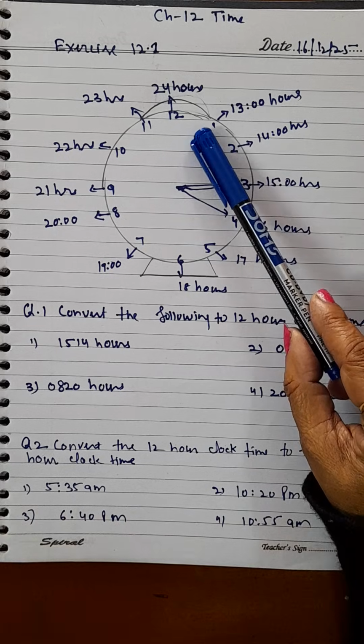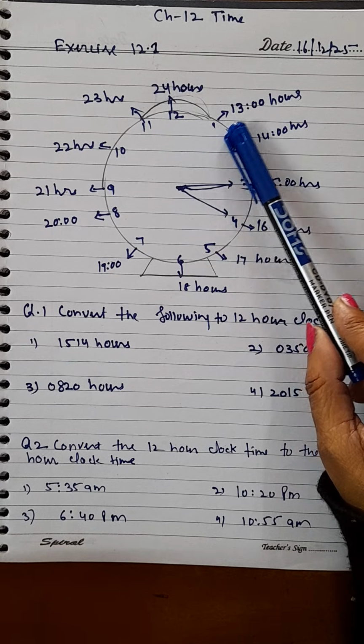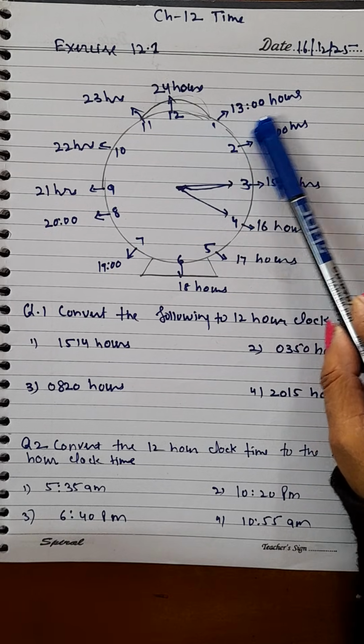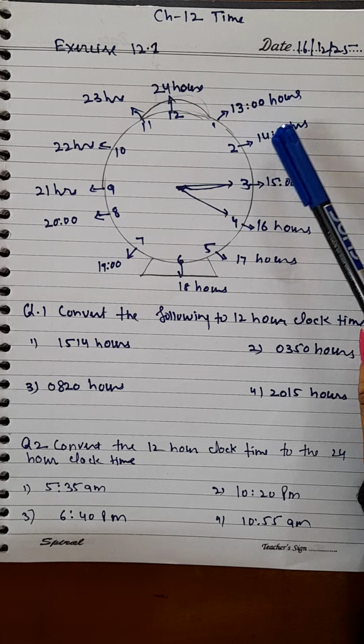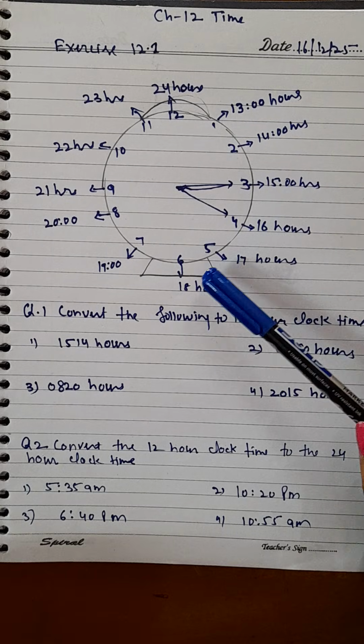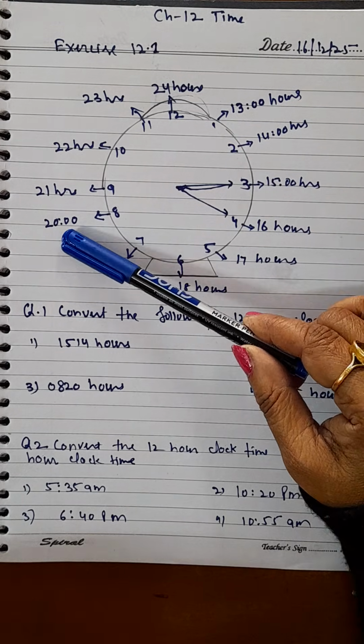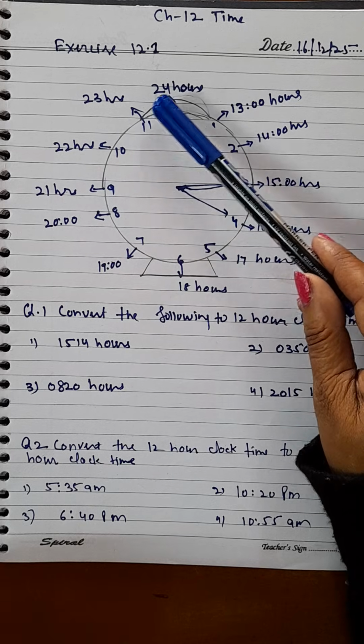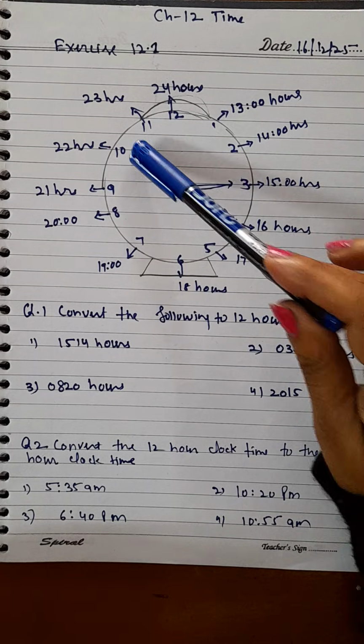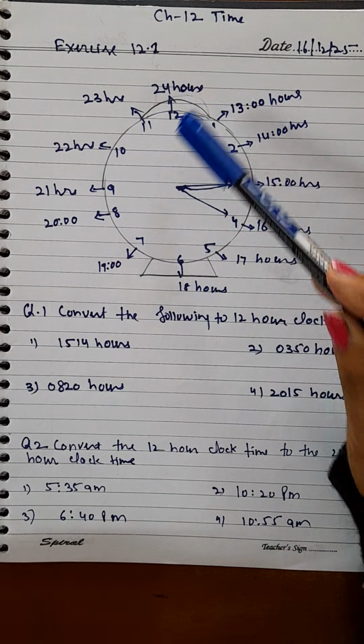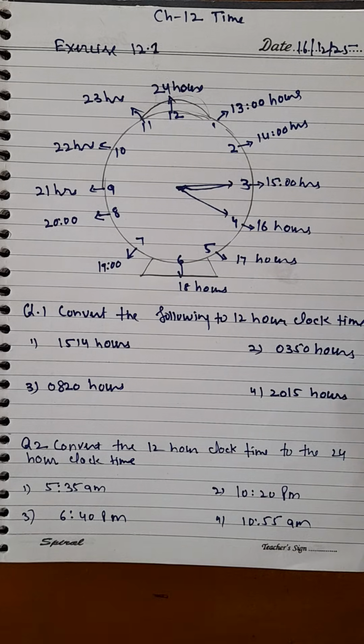How? After midday, from 1 o'clock, we will start writing 13, 14, 15, 16, 17, 18, 19, 20, 21, 22, 23 and 24. So this is the time in the 12-hour clock and this is the time in the 24-hour clock.